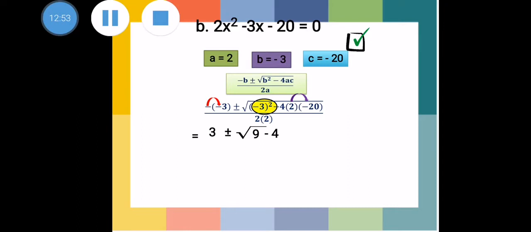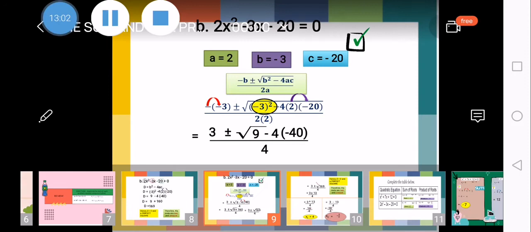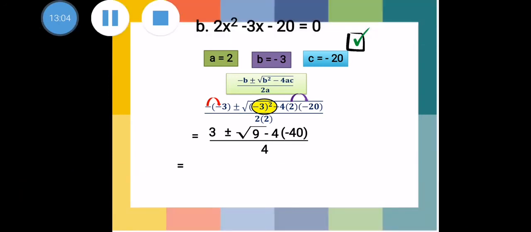So, 2 times negative 20 ay negative 40 over 2 times 2 is 4. Okay, continue tayo ulit. So, 3 plus minus square root of 9. So, negative 4 times negative 40, yan po ay positive 160 over 4.